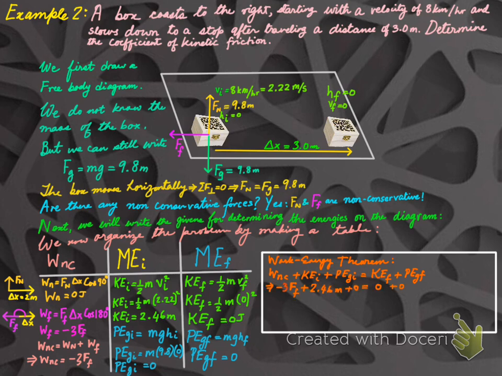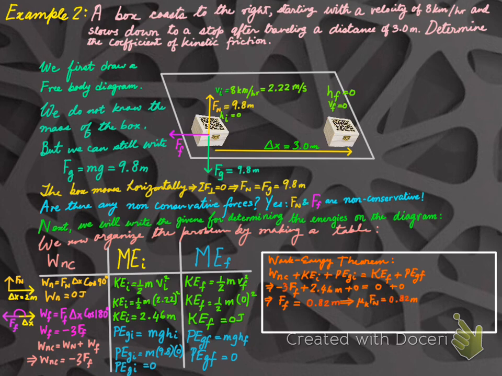So we have negative 3 times the force of friction, which is the non-conservative work, plus 2.46 m, which is the initial kinetic energy, plus 0. All of this information I'm just getting from the chart, and that equals 0 plus 0, which are the final kinetic energy and the final gravitational potential energy. Doing the algebra, we find that the force of friction equals 0.82 m.